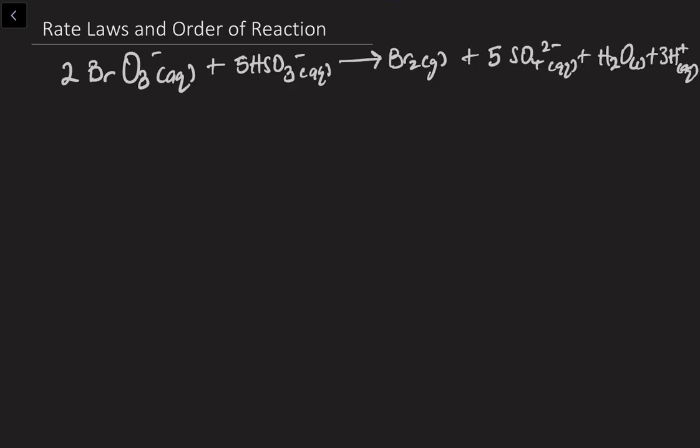Now, you are asked to determine the rate law for this equation, but you are given the details, the values. So the values here for the concentration of the BrO3 minus, initial concentration is 4 molar, so this is molar concentration.